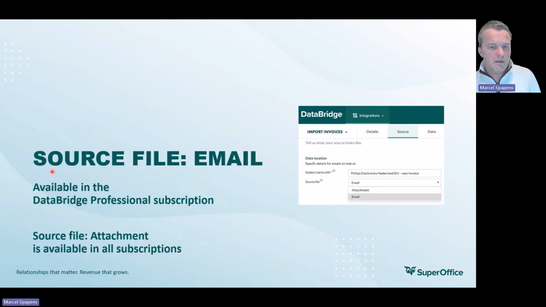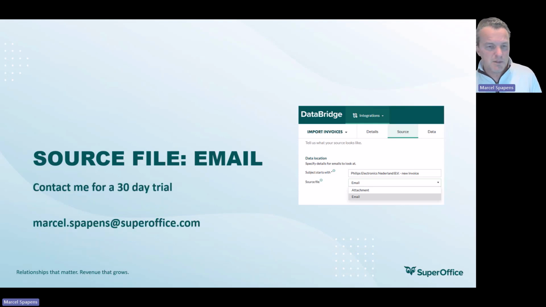The source file type email, not attachment, but email, is available in the DataBridge Professional subscription. Using an email with an attachment as a source file is available in all subscriptions. But this new feature, which is called source file email, is only available in the DataBridge Professional subscription. If you don't have a DataBridge subscription of type Professional, then you can contact me for a 30-day trial.